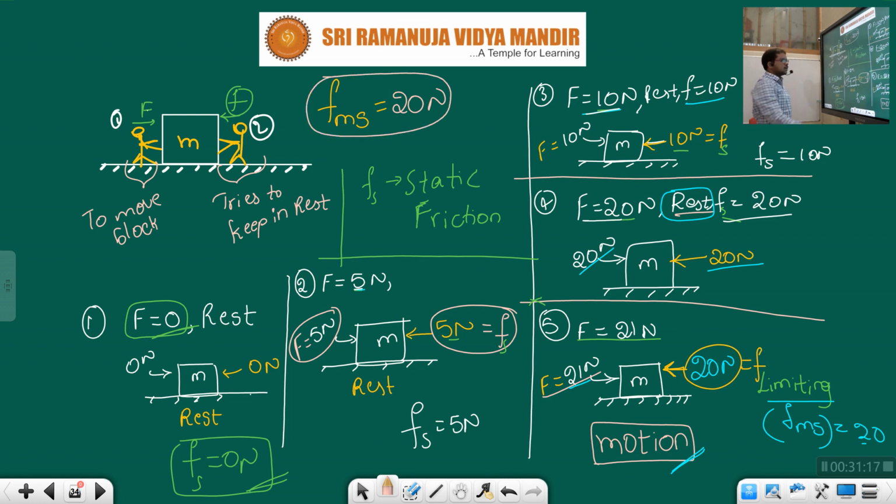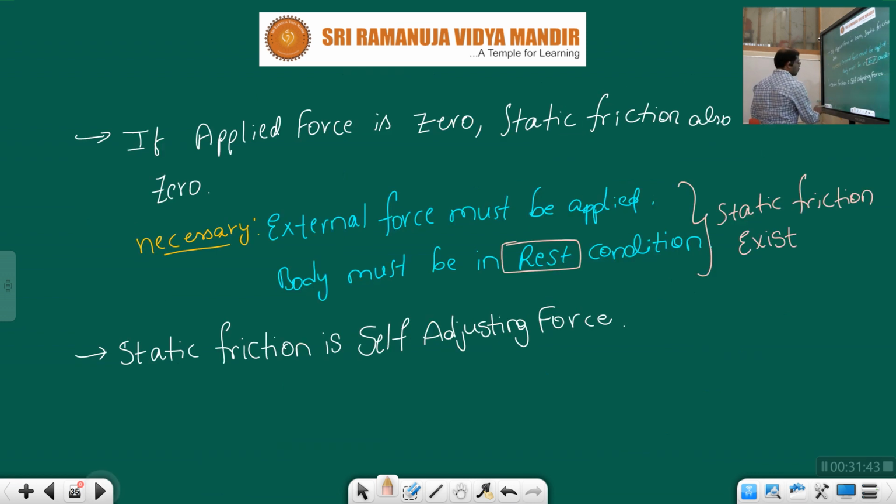Whatever other values we are taking are Fs, static friction. FMS is the maximum limit, that is constant. Fs is the static friction acting at that moment. When we are applying the force, at that moment static friction will act. When we change the applied force, that static friction also changes. Is it clear, children? Okay.